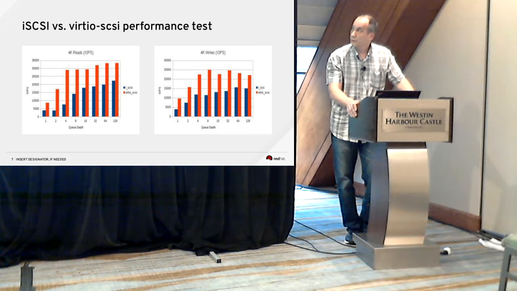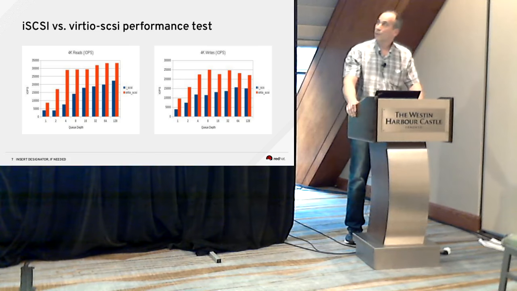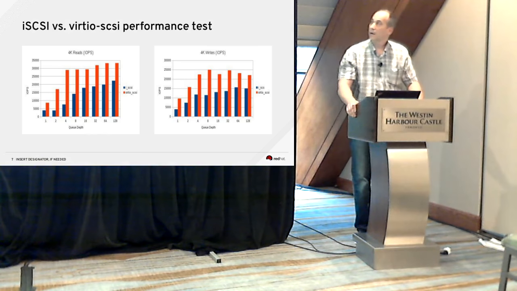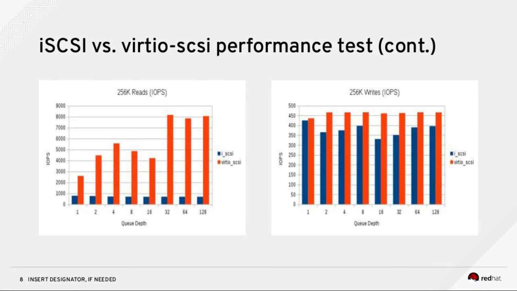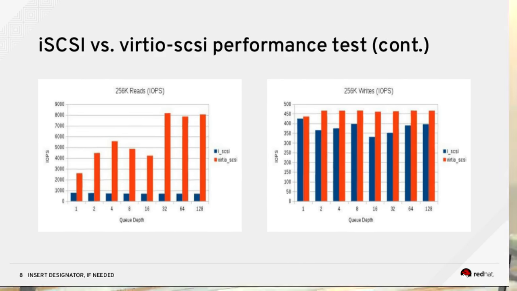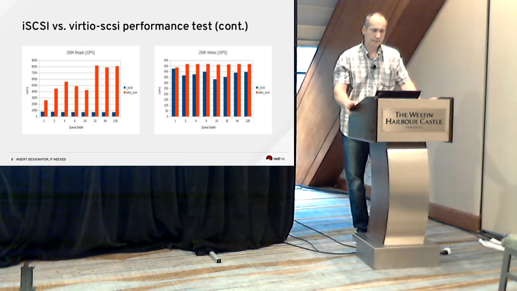We were better than iSCSI for the 4K read and write test. We were also better than iSCSI for 256K requests, at least for read. For write it was almost the same.